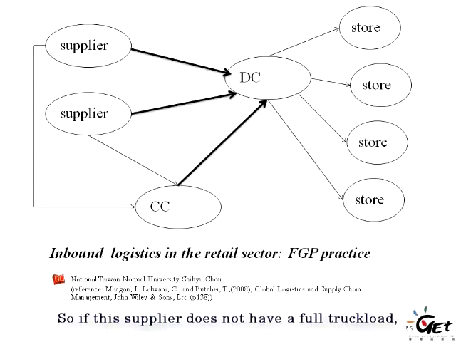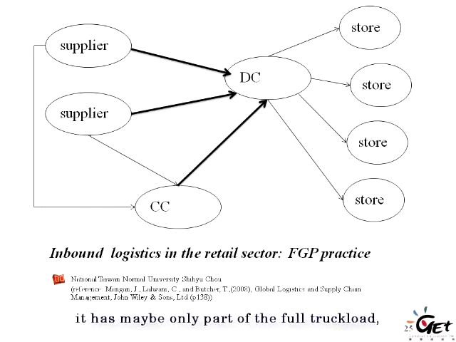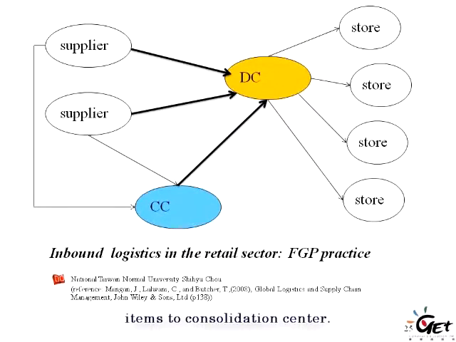So if a supplier does not have a full truckload, only part of a full truckload, it needs to first send these items to the consolidation center. This supplier also sometimes sends goods to the consolidation center.